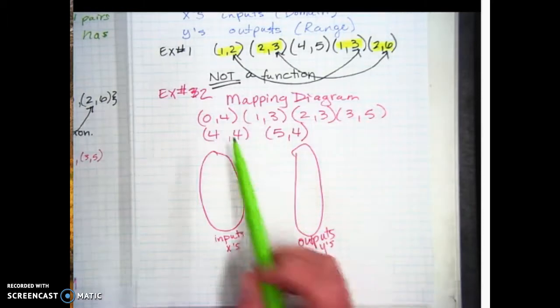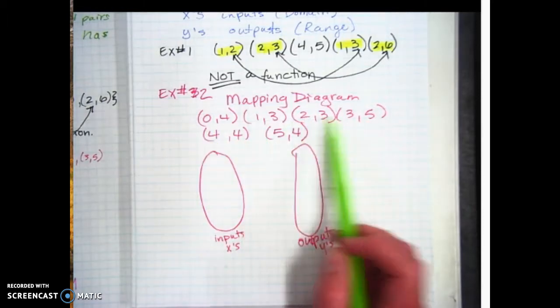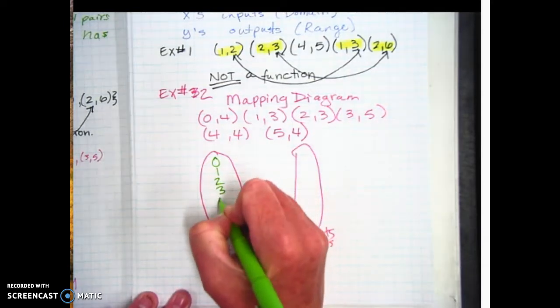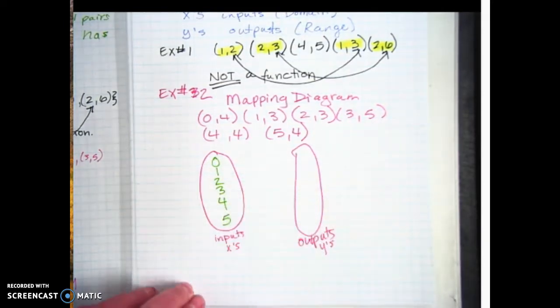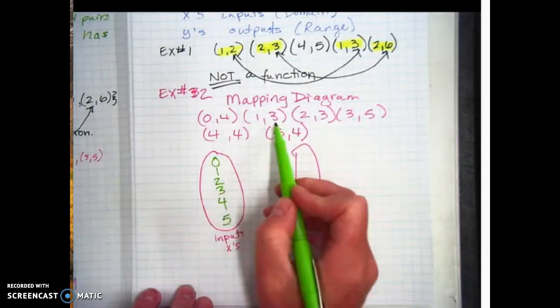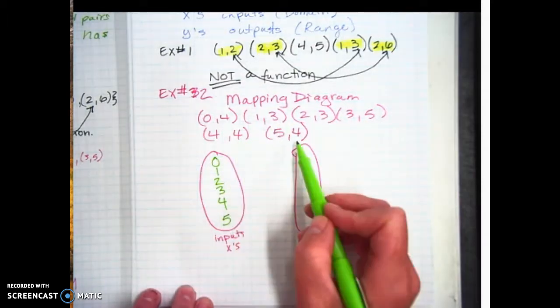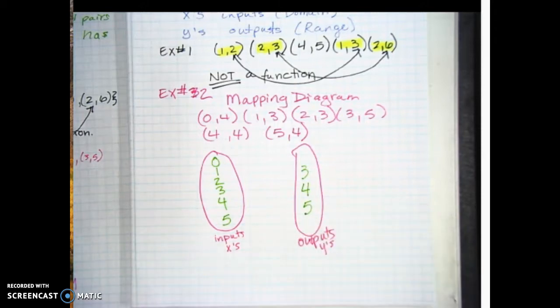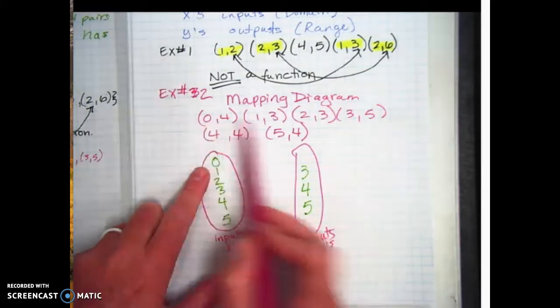Okay? So all of our x values, we have 0, 1, 2, 3, 4, and 5. And our outputs, we have a 4, a 3, a 3, a 5, a 4, and a 5. So basically we have 3, 4, and 5. And the 0 maps to 4.